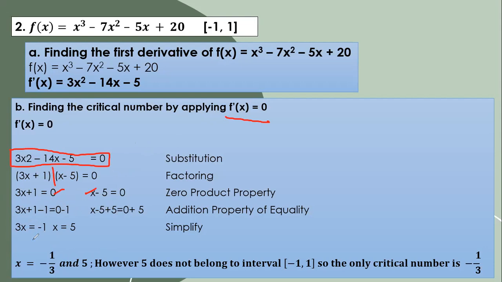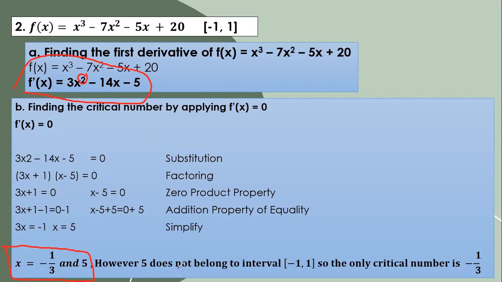Next, finding the x. For the first one, we have x is equal to negative 1/3 and x is equal to 5. Since ang nabuo nating derivative, okay, is a quadratic function, okay, with the degree 2. So, dalawa rin yung nakuha nating value of x or the roots.